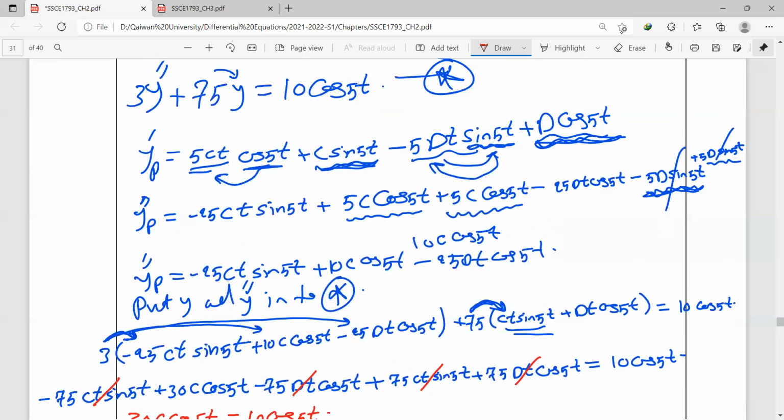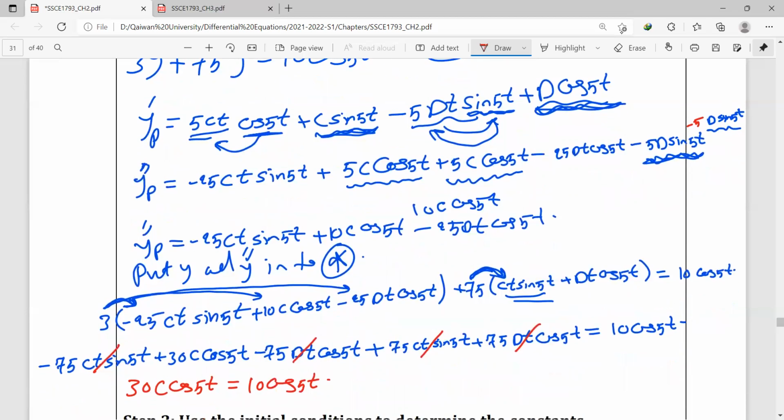It's cosine plus this one. Sorry, this is minus. It becomes negative. It's minus 5. So these are not cancelled out and becomes 10. So here it's plus 10. Sorry, minus 10.